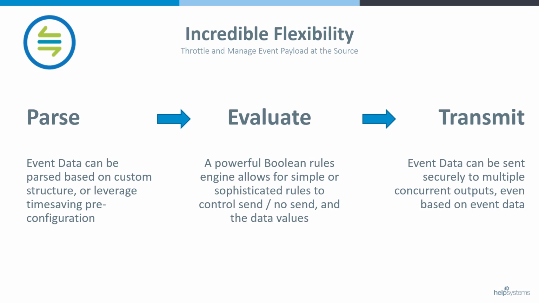If you're doing this from a database journal, you will need to parse out your database structure so that you know that the customer number, for example, starts in position 5 and goes for a length of 10. Once it is broken down, whether by us or by yourself, then you can evaluate that data through a very powerful rules engine.